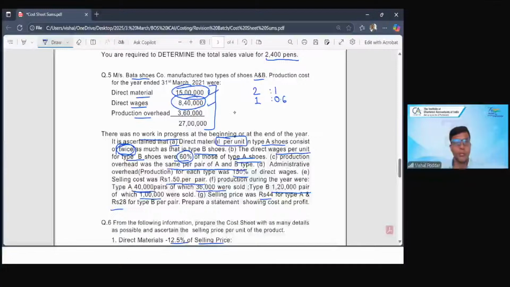What is there for production overheads? Production overheads was same per pair again. It is same per pair of A and B. My total production is 360.